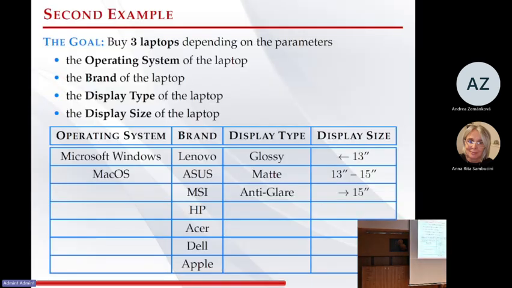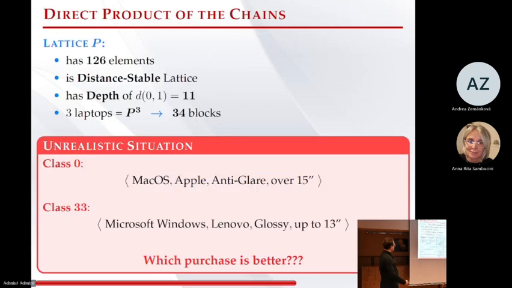Another example. So again, we want to buy 3 laptops, but with new parameters: operating systems, brand, display type, and display size. Again, for these parameters, we create chains, and we get the direct product of these chains, lattice P, with 126 elements.